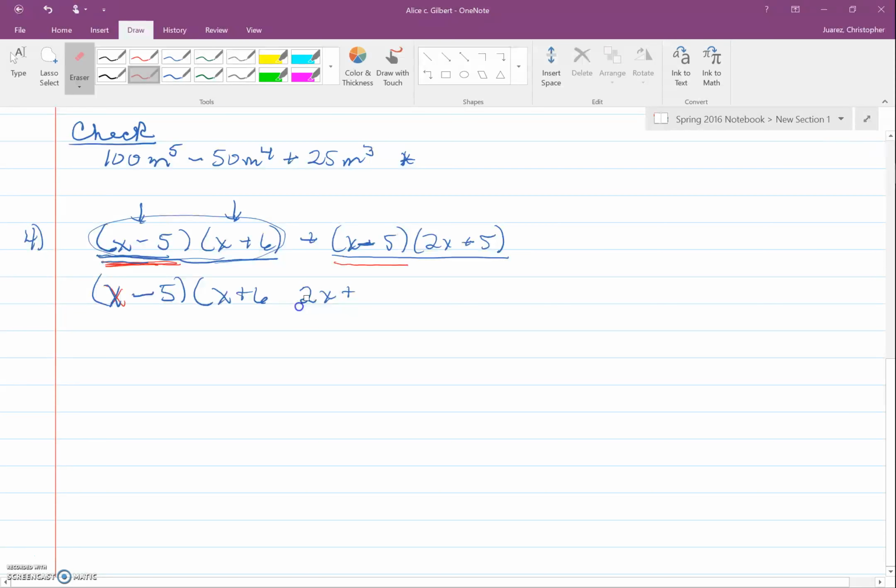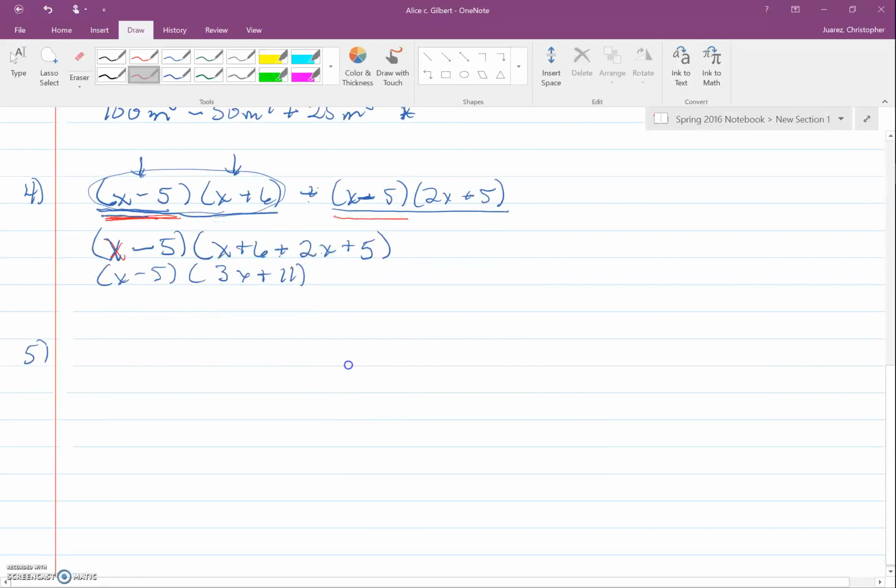And you guys are going to want to do that too, but do not, because what goes in this is everything that's left. This is a plus, so this is a plus. And then what's left here? 2x plus 5. Okay? Now I can combine these like terms in here, so I get 3x plus 11, and I'm done. One more, and we'll be done.